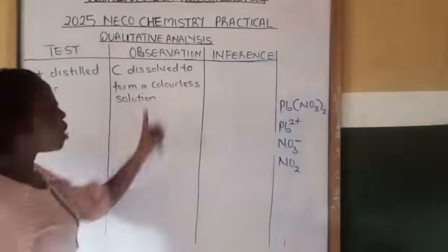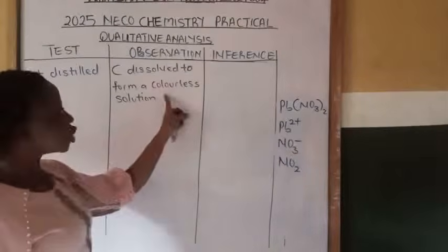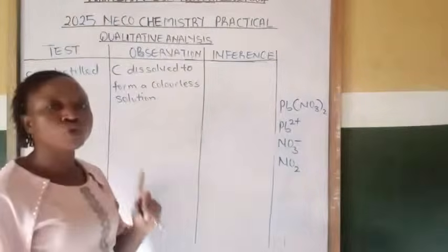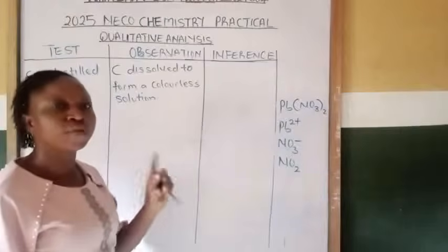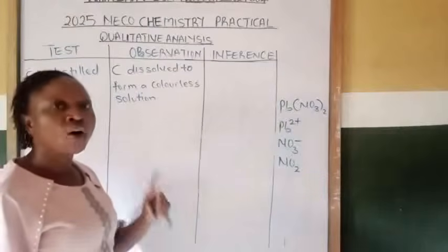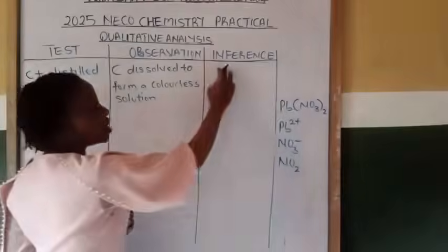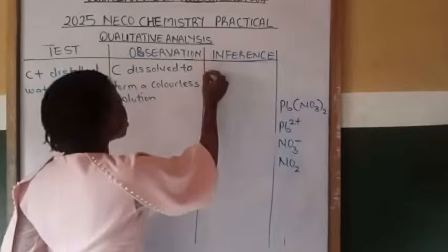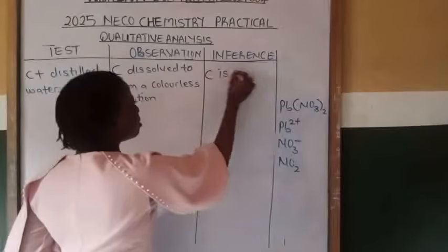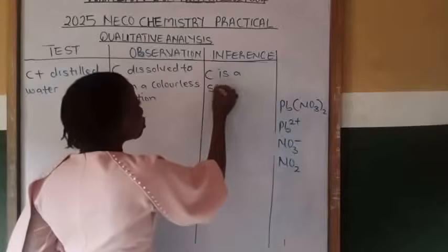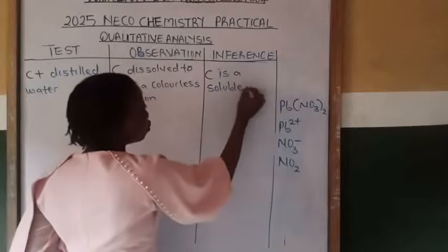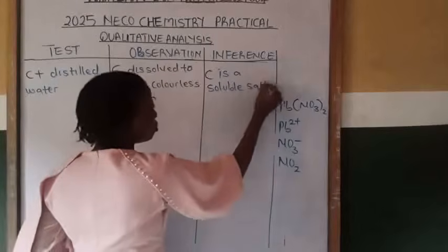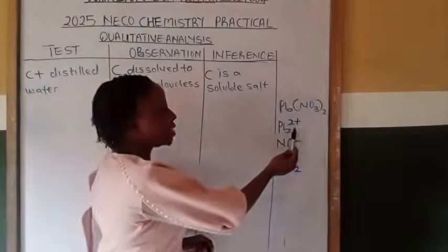Then what will be our inference for this observation? We don't usually use solubility tests to test for either cations or anions. So our inference will be C is a soluble salt.